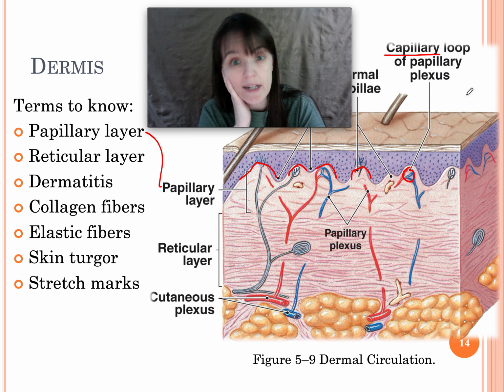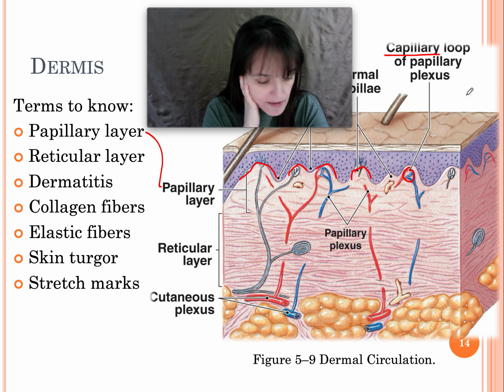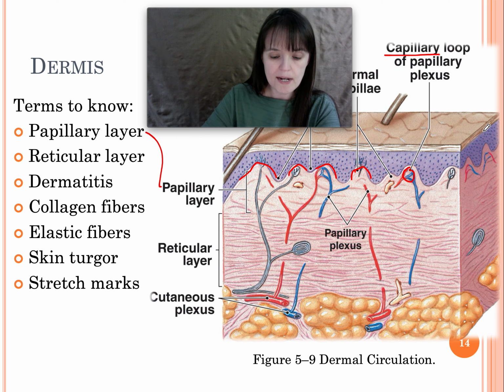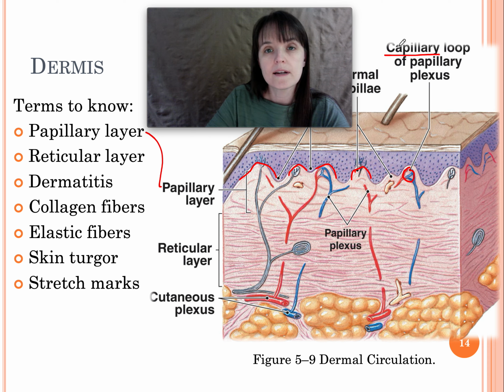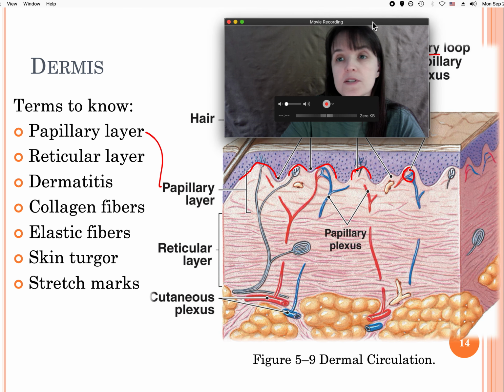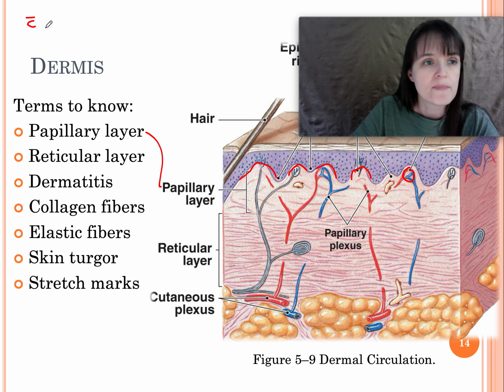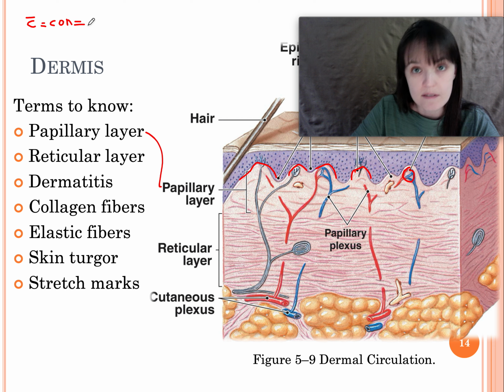just the papillary layer. And the reticular layer is the deep dermis, and it's dense, irregular CT with collagen and elastic fibers, and I want to show you how to write "with." That means with. So it's from the Latin word con, which I'm told matches the Spanish, which means with.